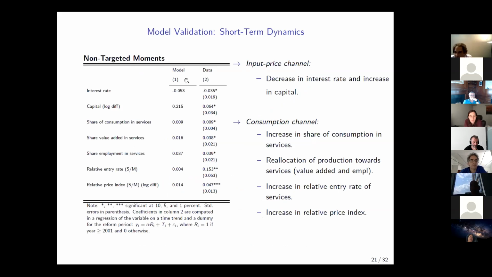So basically, I would say that the heterogeneous expenditure elasticities are key, because you see in the data that the share of consumption in services increases. And this number, as I showed you in the other slide, goes in the opposite direction or goes completely flat if you don't have heterogeneous income elasticity.